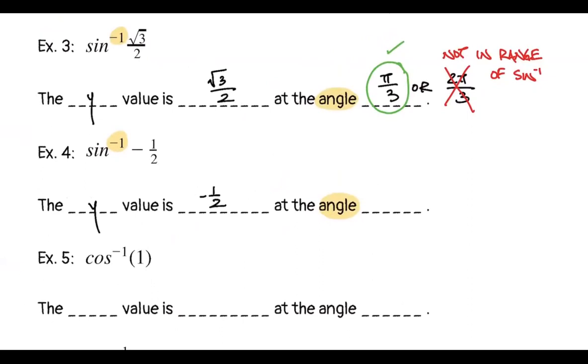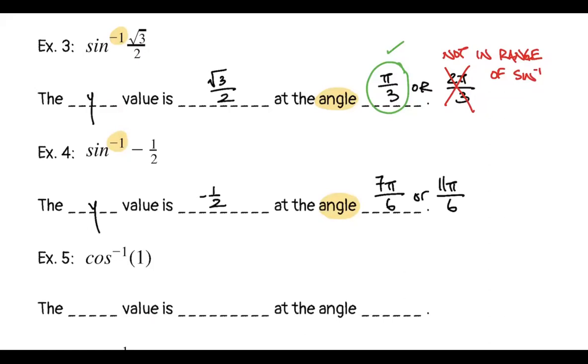Great. Okay, so the y value is -1/2. Give me the 2 angles where that happens. 11 pi over 6. Yep, 11 pi over 6 and 7 pi over 6. Great. 7 pi over 6 or 11 pi over 6. Wonderful.